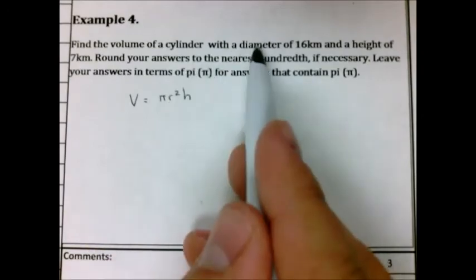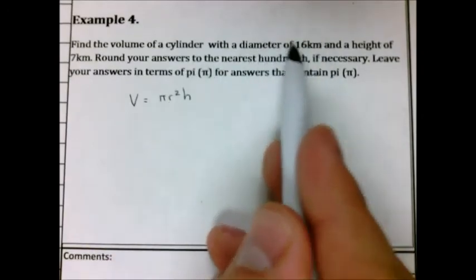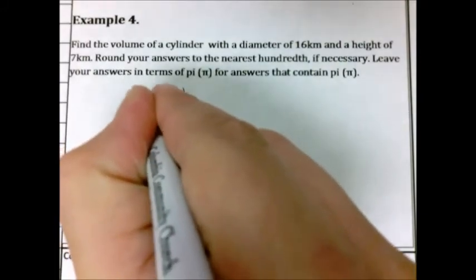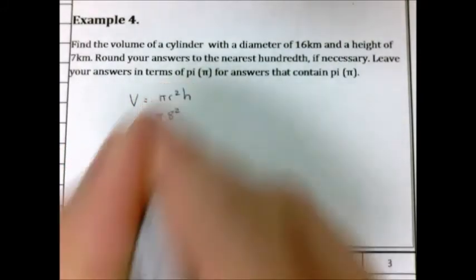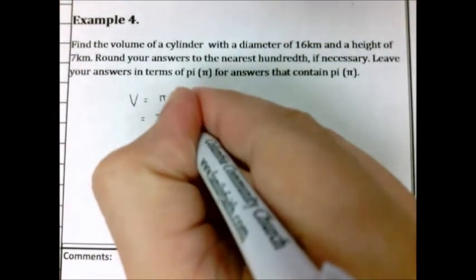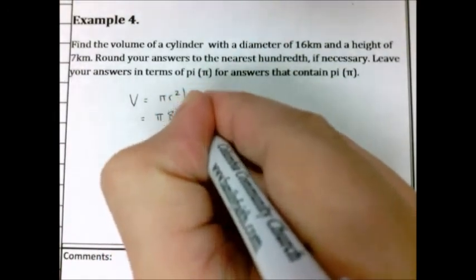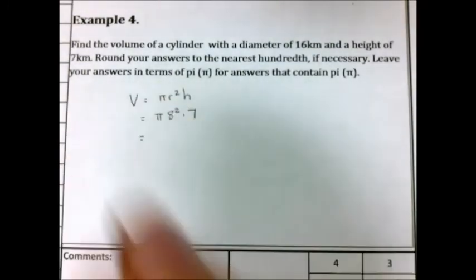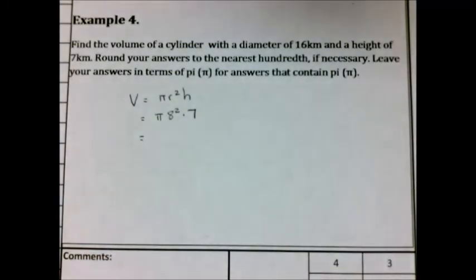Our radius we know is going to be half of the diameter, and the diameter is 16, therefore our radius has to be 8, squared. The height of this cylinder is 7 kilometers, so we're just going to multiply this by 7 kilometers. And now again, just like before, this is just simplifying our information. That was the geometry portion of this.